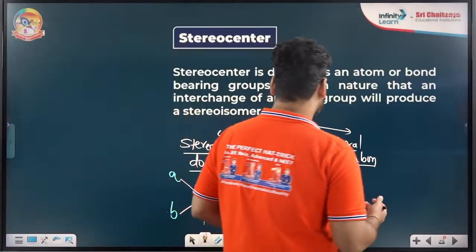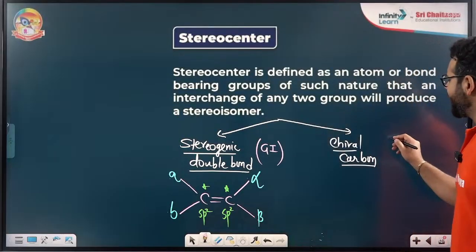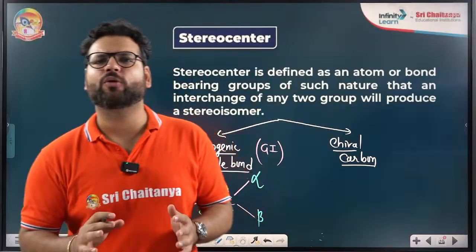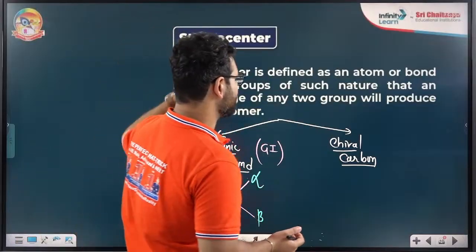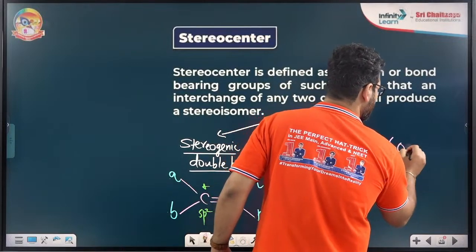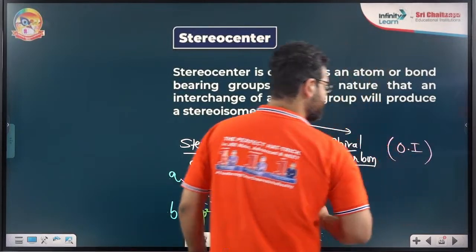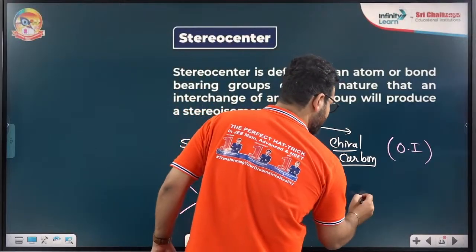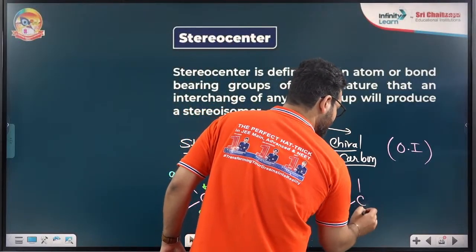Whereas a chiral carbon is a carbon having 4 different groups, an sp3 carbon carrying 4 different groups. That is also called a stereo center, to produce optical isomerism. This is one of the conditions, to have a chiral carbon.